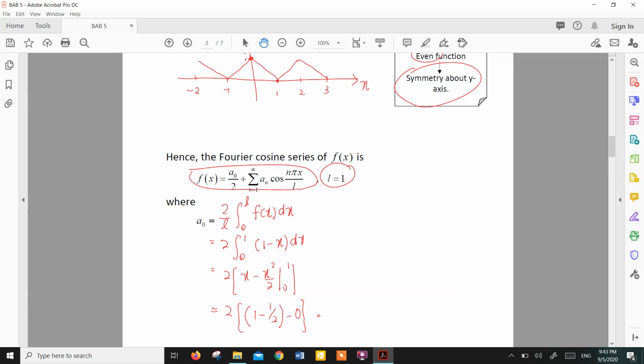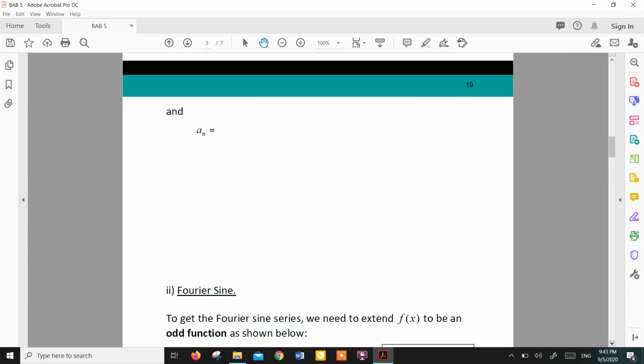So you will have a0 equals 1, and an is given by this formula: 2 over L, integrate from 0 to L, f(x), and then you have cos(n pi x over L) dx.